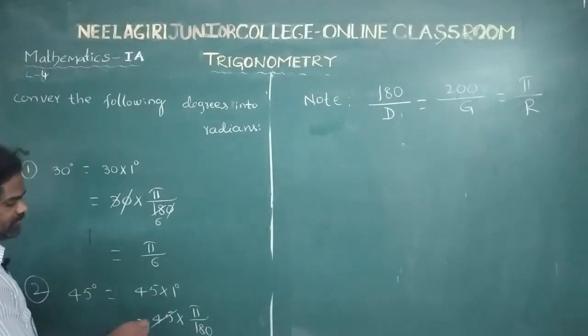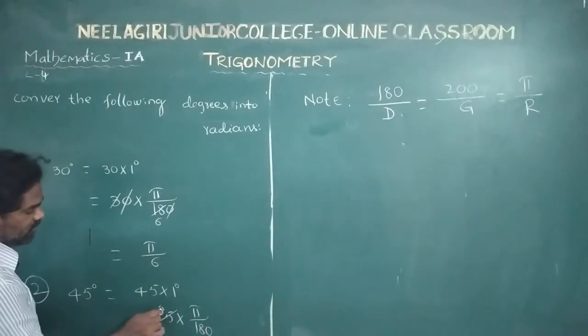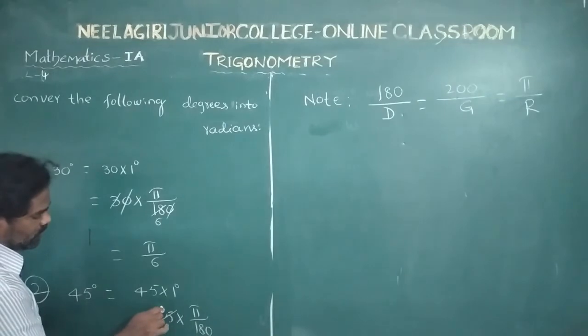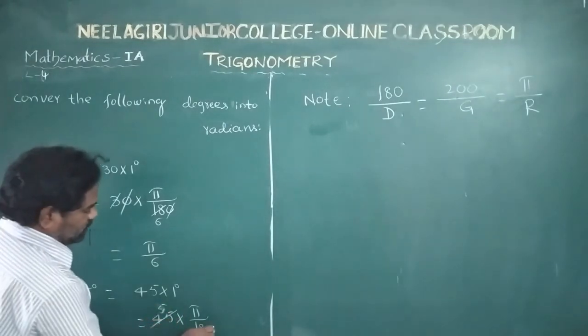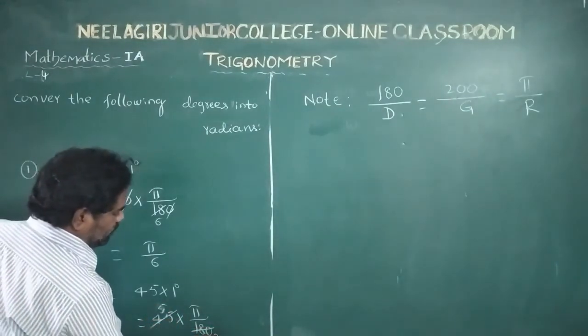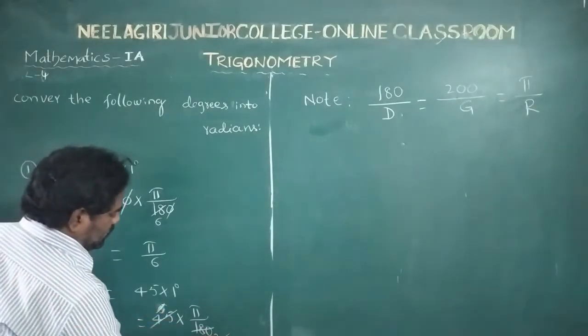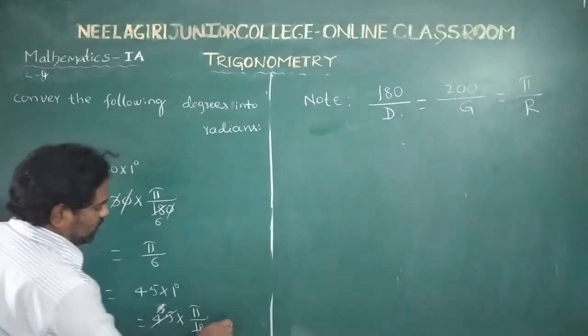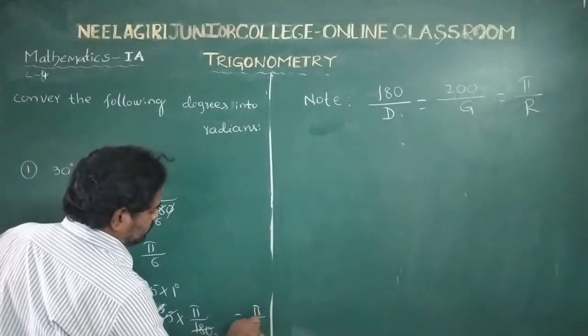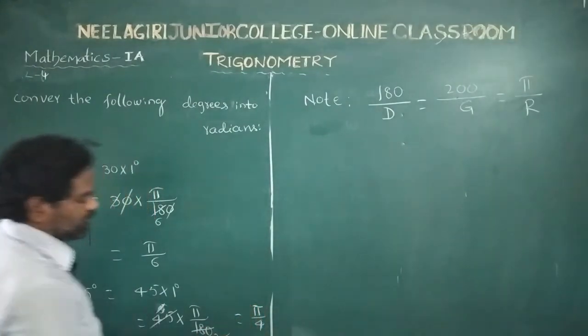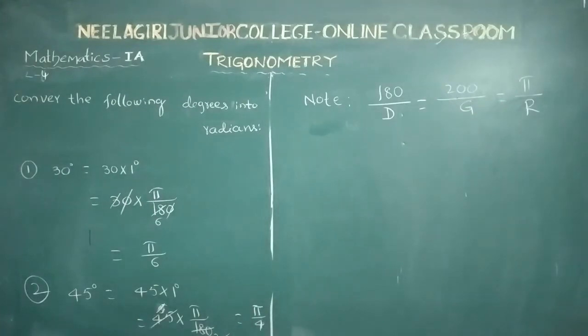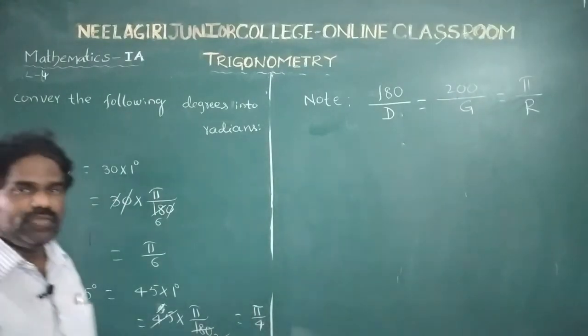Cancel it: 9 fives are 45, 9 fours are 36, 5 fours are 20. How much will come? Pi by 4.